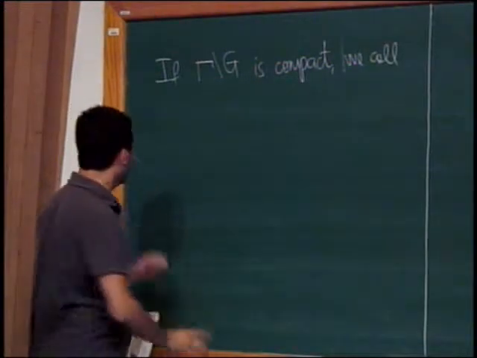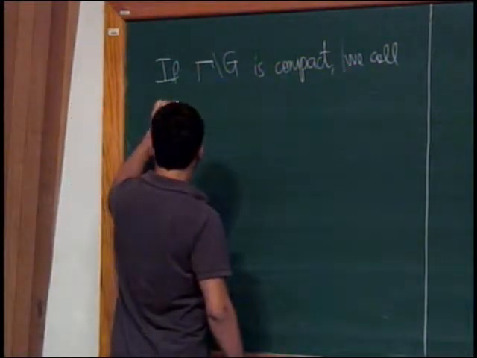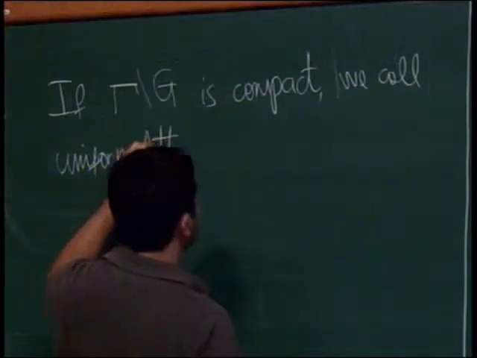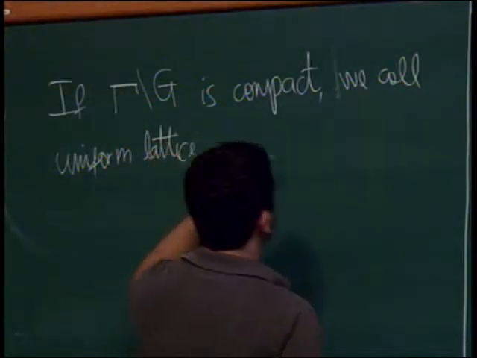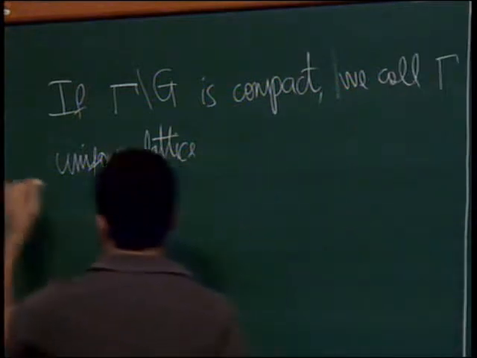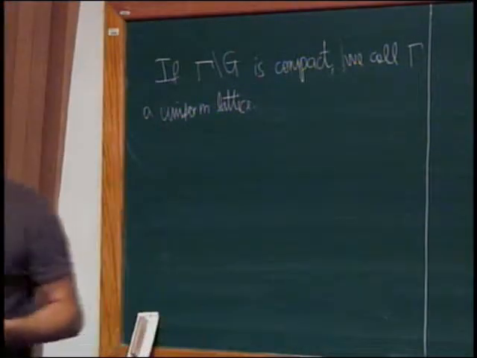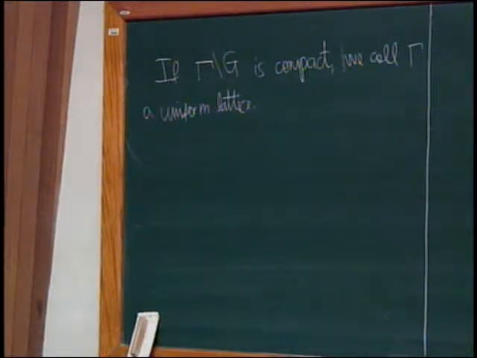This term is not right. The term I wanted to say is uniform lattice. We call gamma a uniform lattice. Okay? So it's just an observation of the notation.